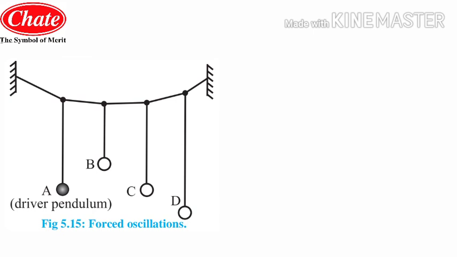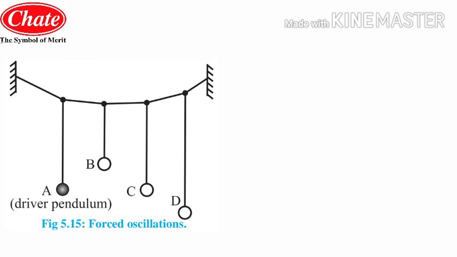A oscillates freely, and B, C, D are forced to oscillate at the same frequency as that of A. The natural frequency of pendulum C is the same as that of A, as the lengths of A and C are the same. It can also be seen that among the pendula B, C and D, pendulum C oscillates with the maximum amplitude and the other 2 with smaller amplitude. So this is the observation about forced oscillation that we have made, students.